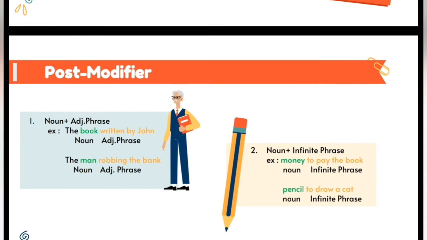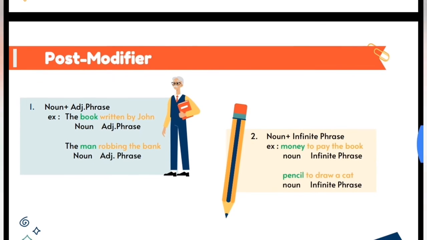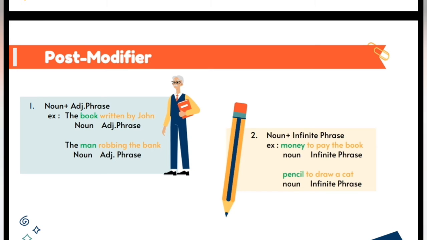Post-modifiers. The first is noun plus adjective phrase. For example, "the book written by John": book is noun, written by John is adjective phrase. "The man robbing the bank": man is noun, robbing the bank is adjective phrase.